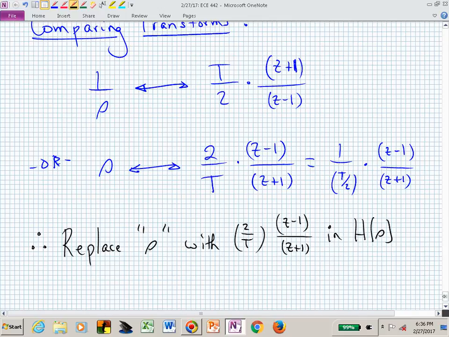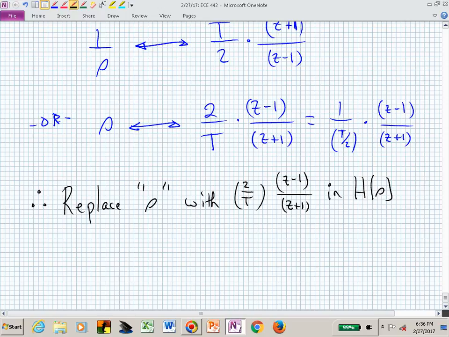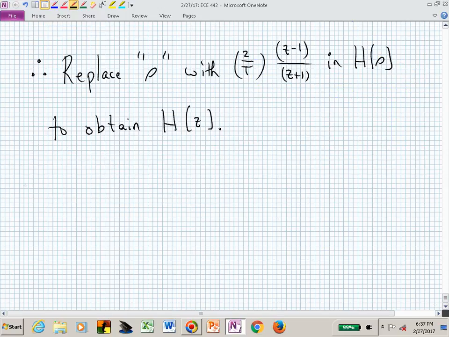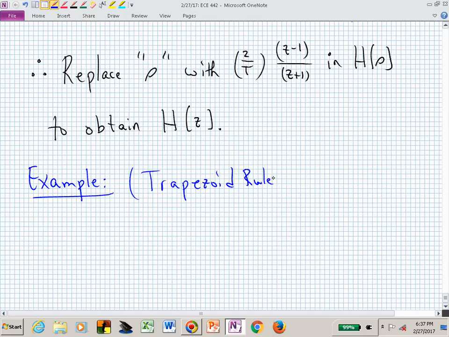Everywhere we see an s in h of s, that gets substituted to obtain our h of z. And now we're ready to go back to our low-pass filter using the trapezoid rule, or maybe somebody might even say the bilinear transformation.